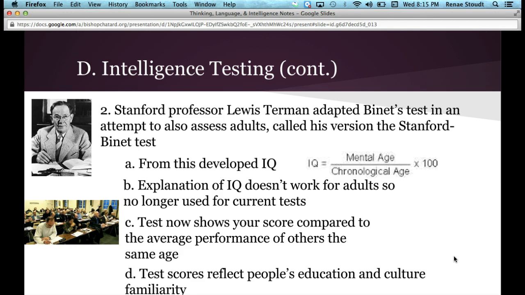Now, the culture familiarity, keep in mind that test that I gave you in class, the World War I intelligence test, that was actually developed by Terman, by the way, the guy in the picture. If you remember, the test was totally biased toward anybody that lived in the United States around 1915.